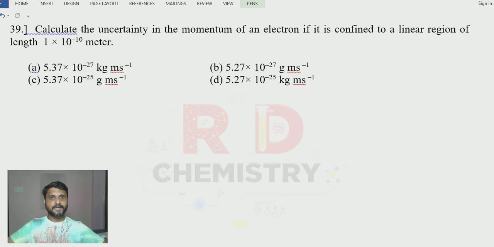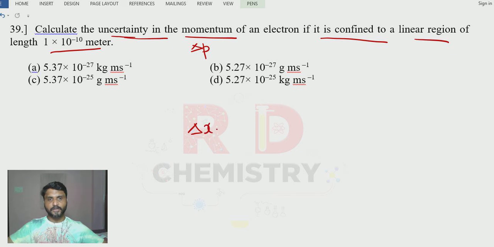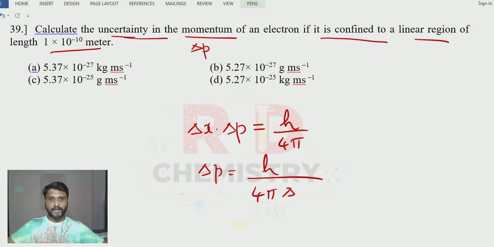Question number 39. Calculate the uncertainty in the momentum, delta P, if it is confined to a region of 1 into 10 power minus 10 meter. So using Heisenberg uncertainty principle, delta X into delta P is greater than or equal to h divided by 4 pi. Correct? So delta P is equal to h divided by 4 pi into delta X. So Planck's constant is equal to 6.626 into 10 to the power minus 34, right?